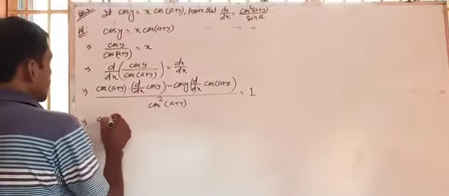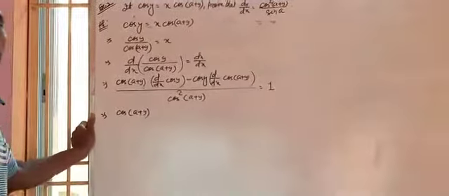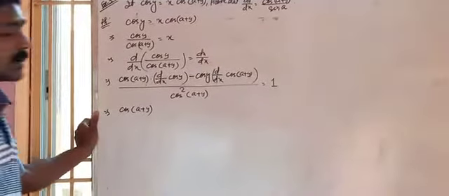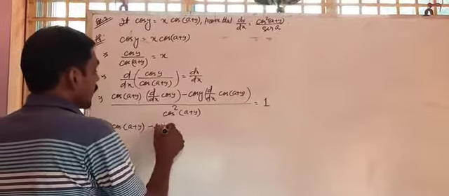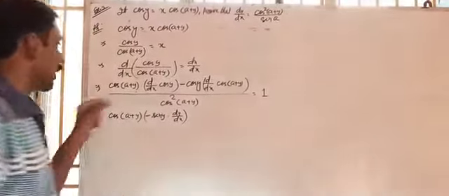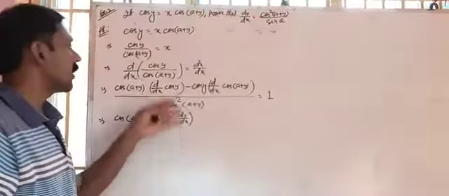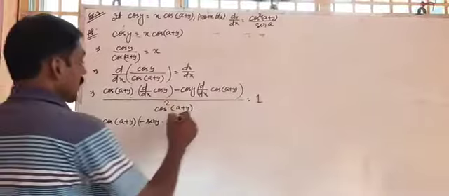Now it is cos a plus y. Now derivative of cos y with respect to x. So derivative of cos y is minus sin y into dy by dx. This is the rule: first we find the derivative in the usual manner, then if it contains y, multiply by dy by dx.